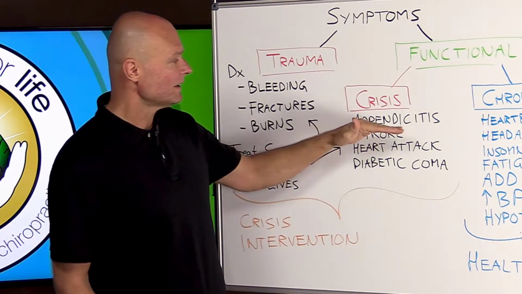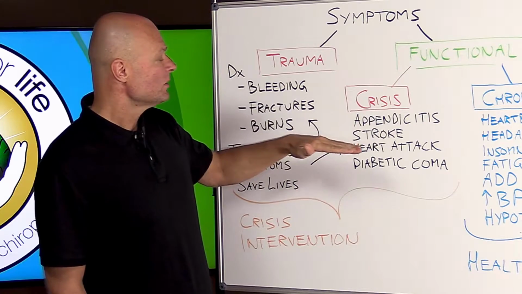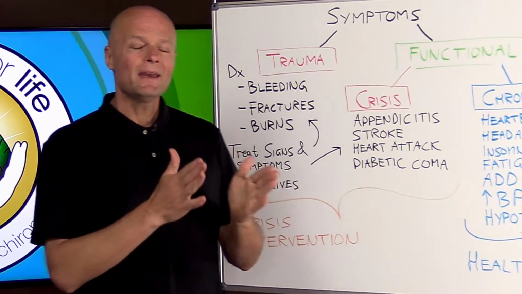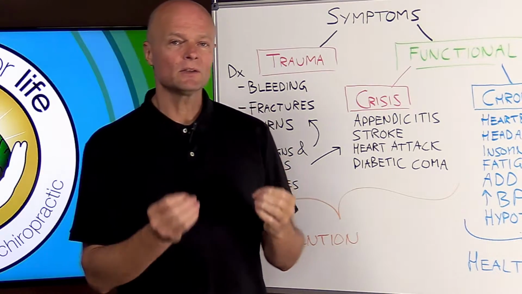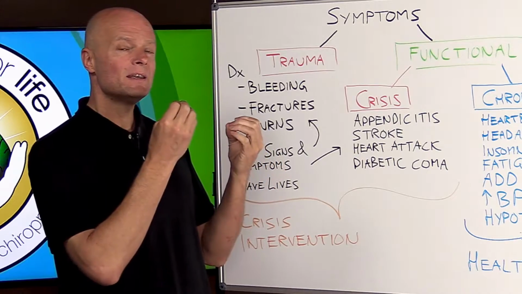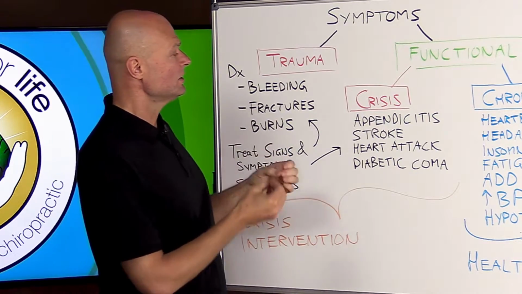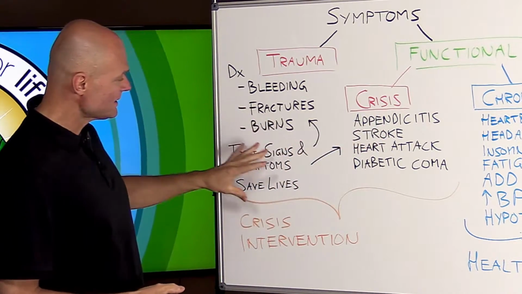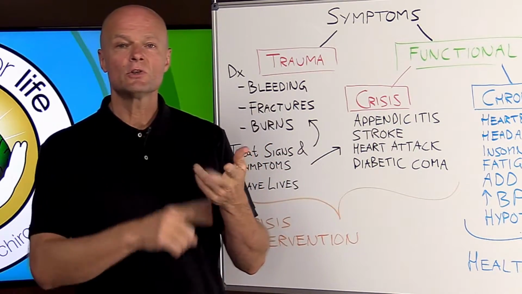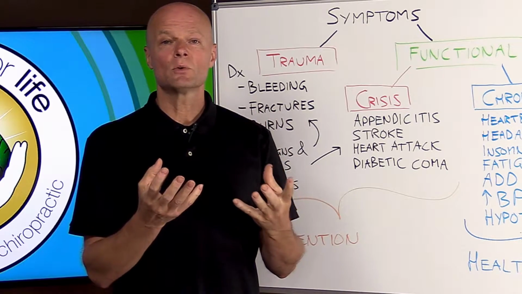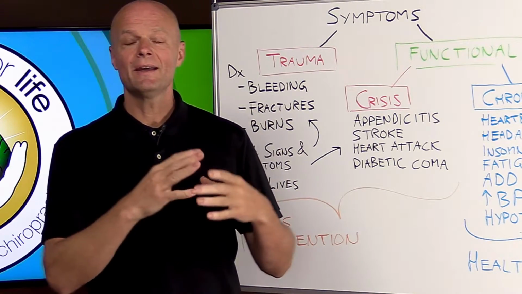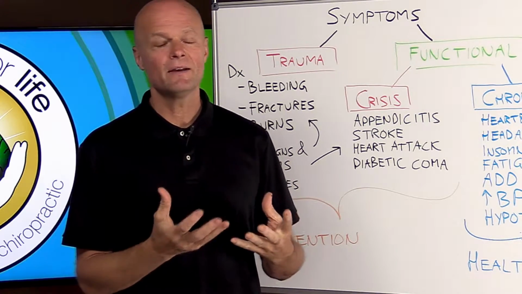That could be appendicitis, a stroke, a heart attack, a diabetic coma. And once again, it is critical to make an accurate diagnosis and to treat the correct condition. We treat the signs and the symptoms and we save lives. So here, drugs and surgery and emergency or crisis intervention is absolutely critical, and it helps save millions of lives every day.